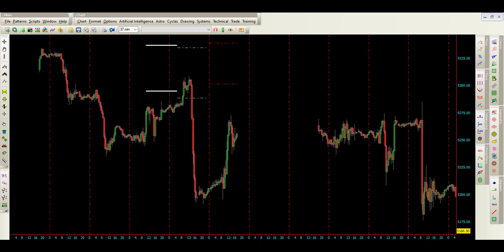Let's move it on the big bars, right? So big bar is here, and it rejected, did not reach. We have a new big bar. Let's move to the new big bar. All right. Now we can use these levels, right?